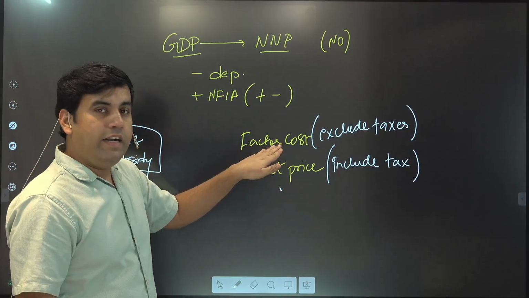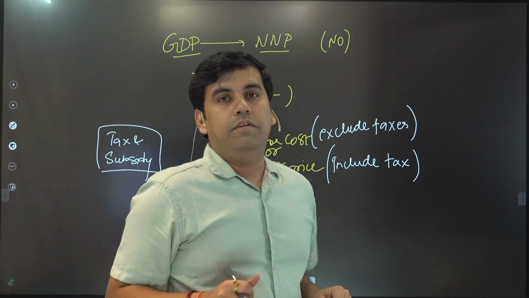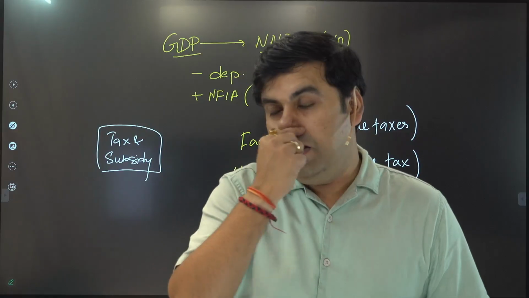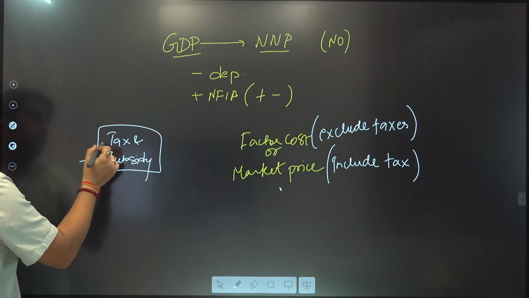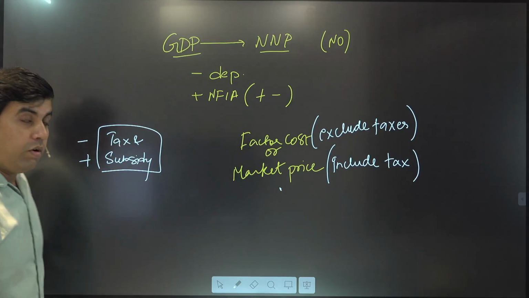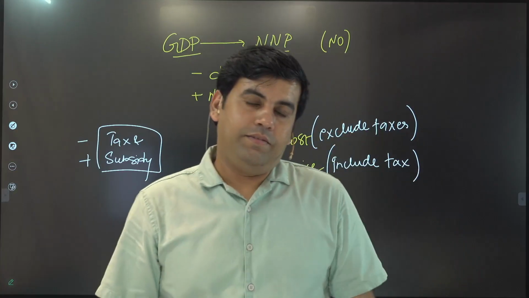If subsidy is added over here, it will reduce the price. So from the price point of view, subsidies are added and taxes are reduced. So subsidies will be positive, taxes will be negative if you have to go to the factor cost. This is known as net indirect taxes.